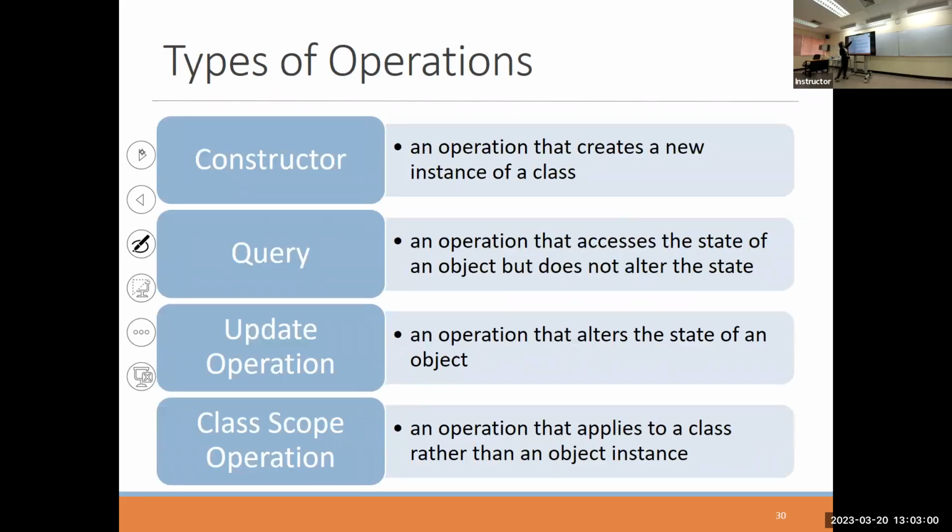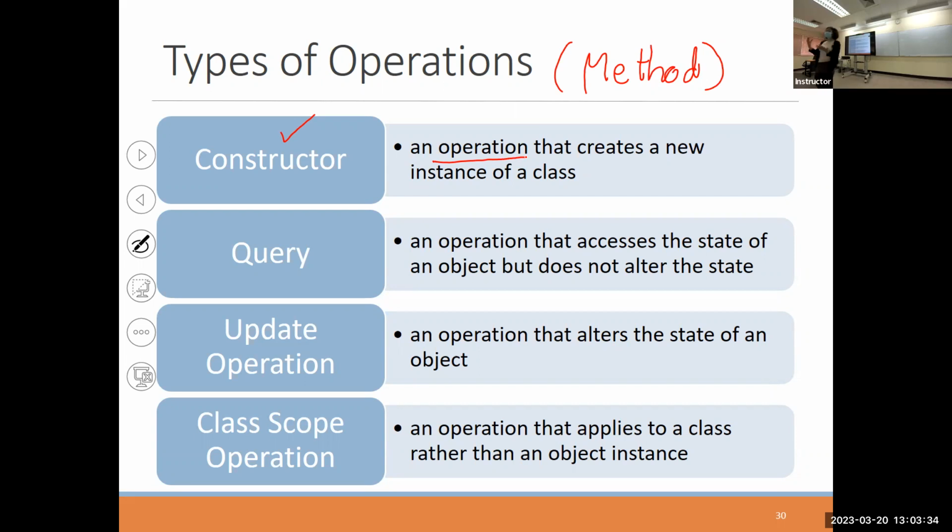So when we talk about those operations, a class should have 3 types of operations. First is called a constructor. In OO, we use the word method. A constructor is a method that creates a new instance, such as to create a new course.